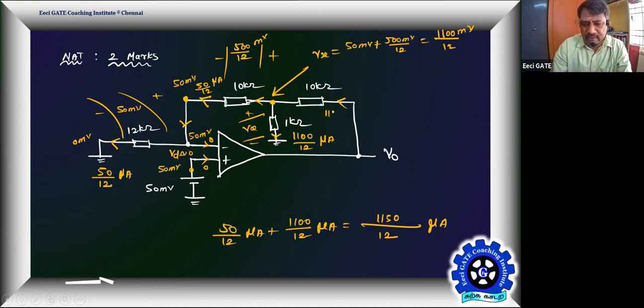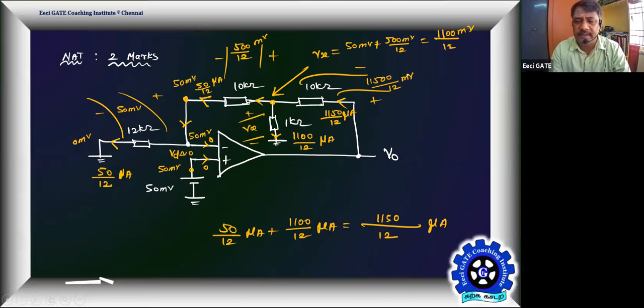That's the current. Then what drop will it create here? The drop it will create is 1150 into 10. That means 11500 by 12 millivolt is the drop it will create.